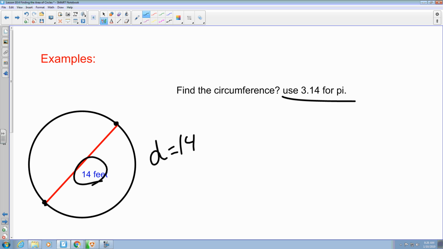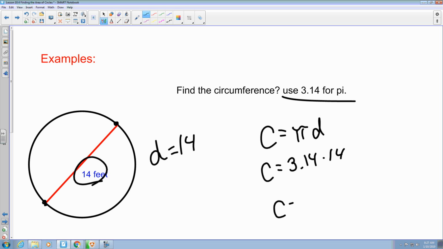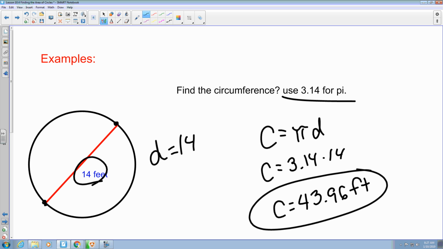Since it's circumference and they gave you the diameter, we're going to use pi times d. So the circumference here is going to be 3.14, representing pi, multiplied by d, which is 14. So 3.14 times 14 is going to equal a circumference of about 43.96, and it's just going to be feet.